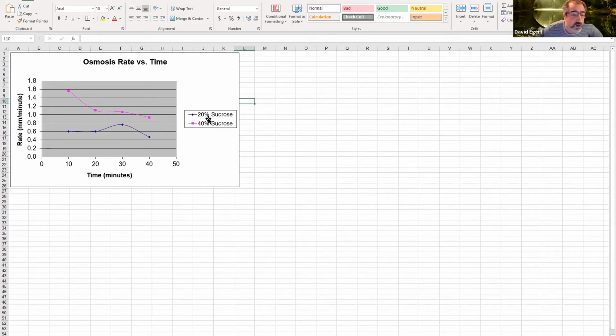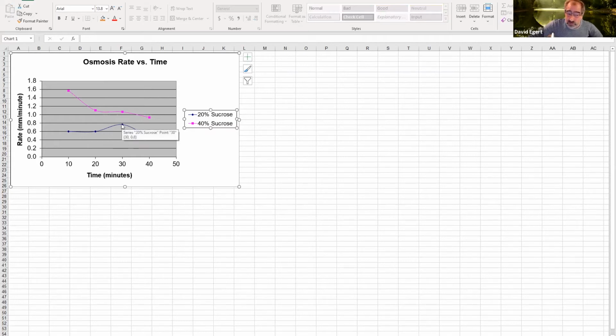For the 40%, it's pretty similar to what we were predicting. It starts high and gets lower in general along the way. The 20% is starting much slower. There's this weird hiccup here. Who knows what it is? In your discussion, you can discuss what you think happened there.